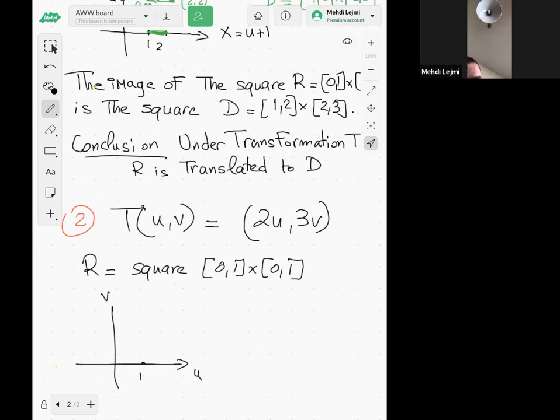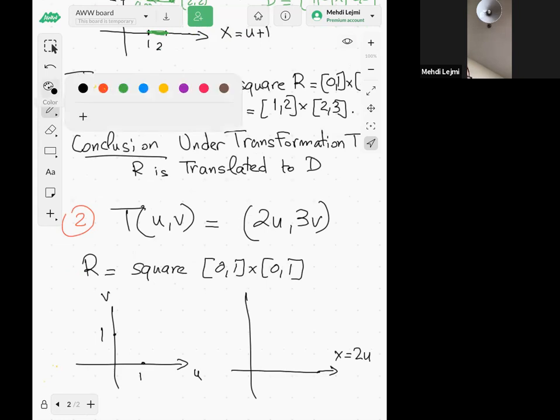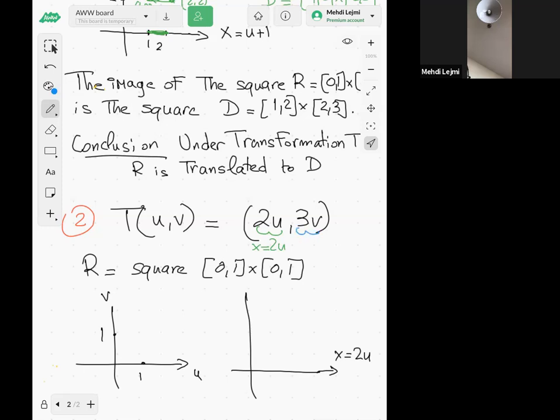This is one, right? And this is x equal to 2 times u, and my y is equal to 3 times v. This is the y axis, so it's equal to 3 times v.